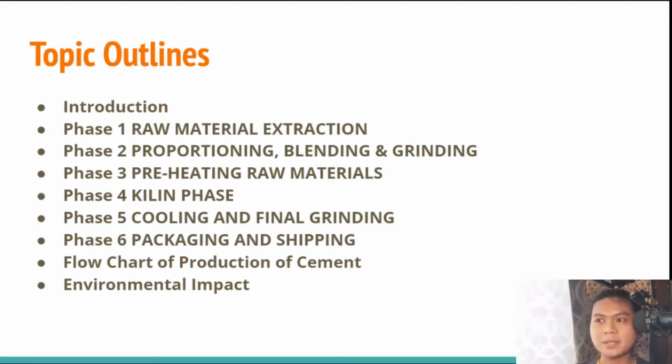The topic outline would revolve around the introduction, the phases of the manufacturing, specifically the raw material extraction, the proportioning, blending, and grinding, the preheating of raw materials, the kiln phase, the cooling and final grinding, and then packaging and shipping. We would also like to talk about the flowchart of production of cement so that you'd have a visualization of what's really happening upon the manufacturing of the cement as well.